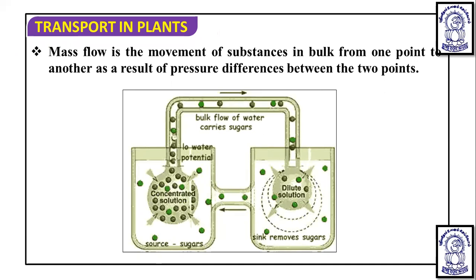So if there is a concentrated solution and a dilute solution, if this is the source, it has sugar, and it is a sink, then the sugar will transport from here with the water, and water carries the sugar, and then the sugar will reach the dilute solution. So this is from a concentrated to a dilute concentration. So from one pressure point to another pressure point, the mass flow will occur.